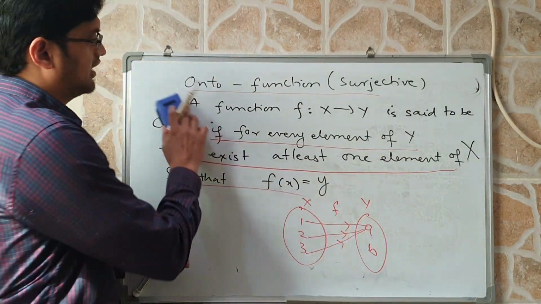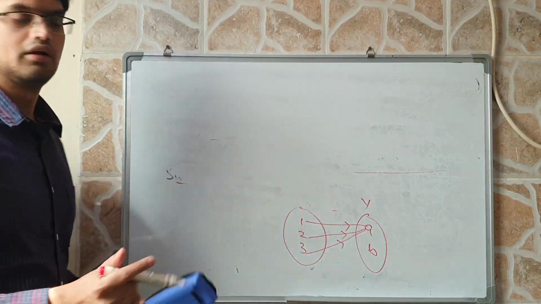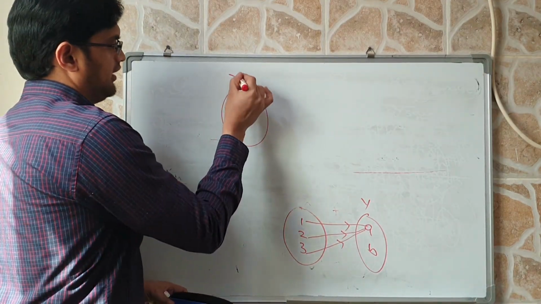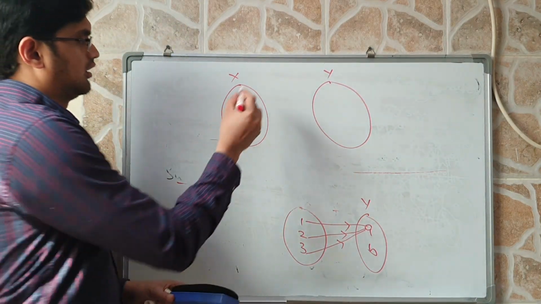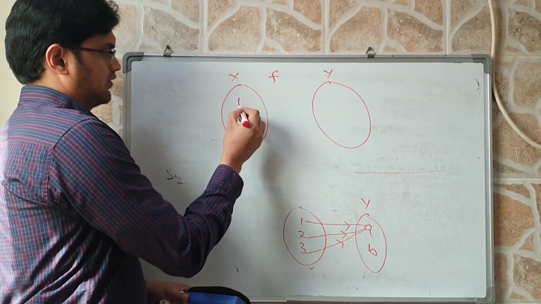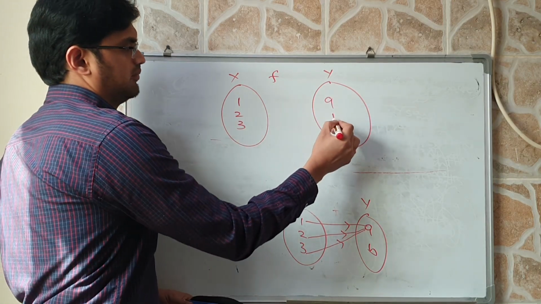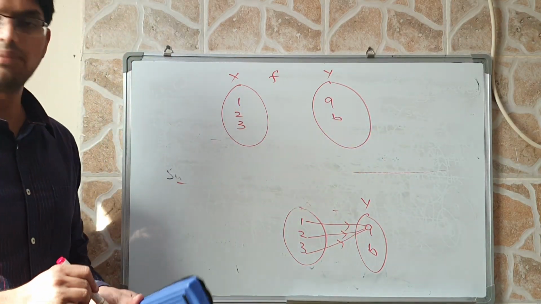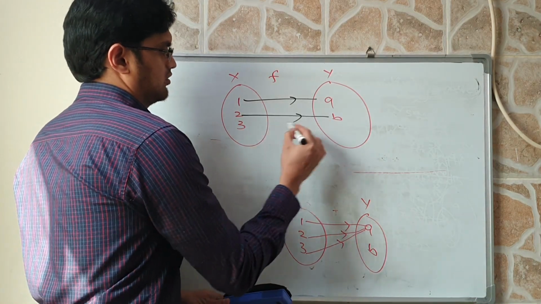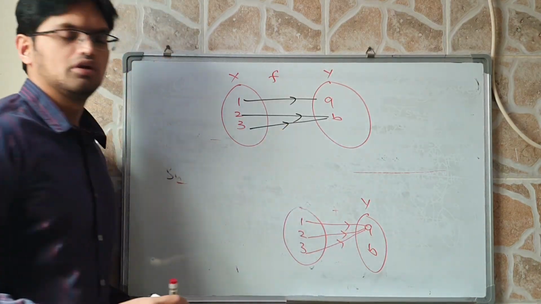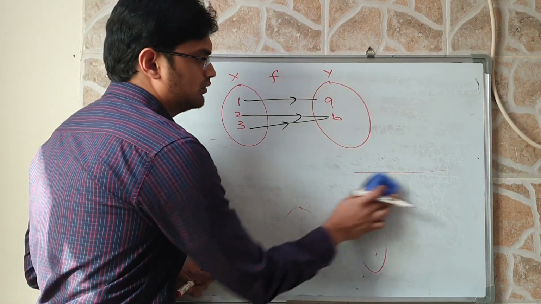So now let us take another example. I'll take another example, X and Y. I'll take f. I'll take 1, 2, 3, A, B. Now let me just map this one. 1 to A, 2 to A, and 3 to B. Do you think now f is onto?